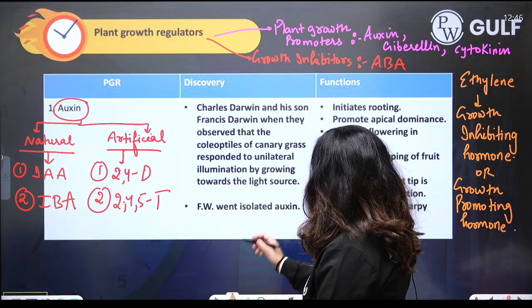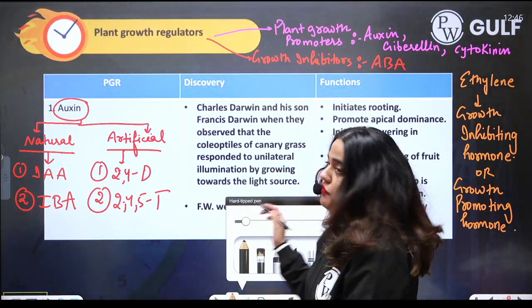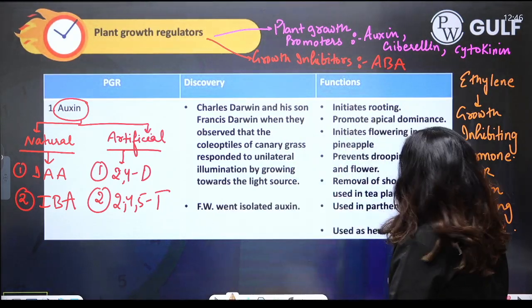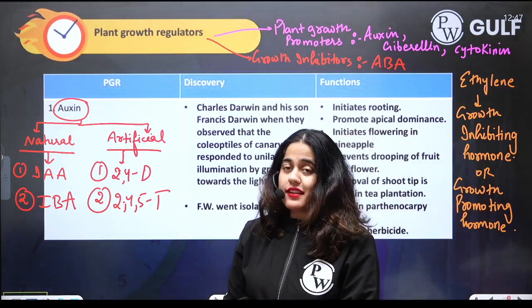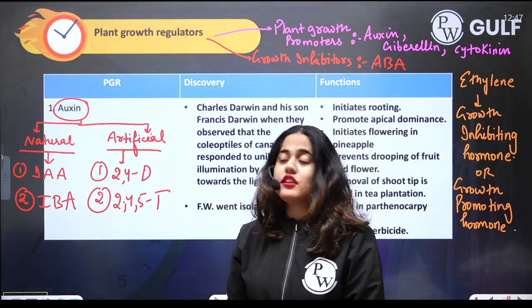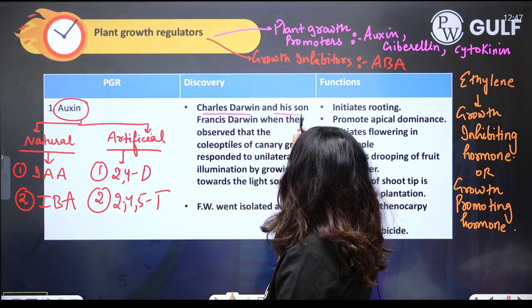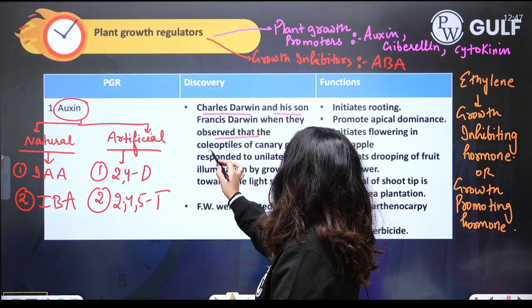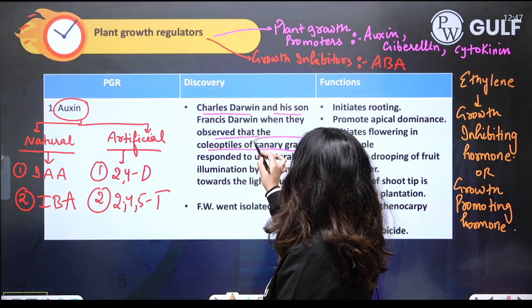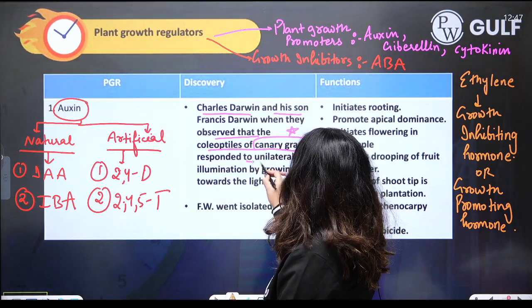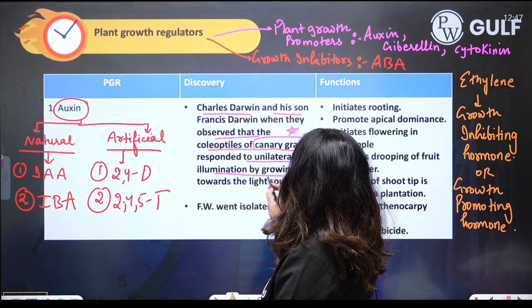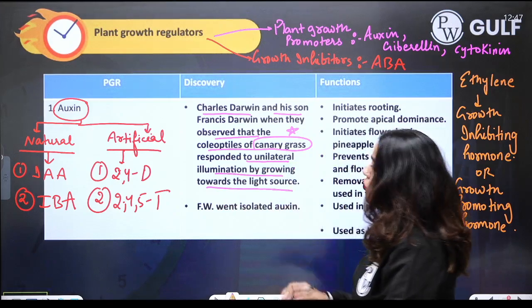Okay, so let's start with the discovery of auxin. Its discovery started with Charles Darwin and his son. He observed that the tip of the canary grass plant responded to unilateral illumination by growing towards the light.